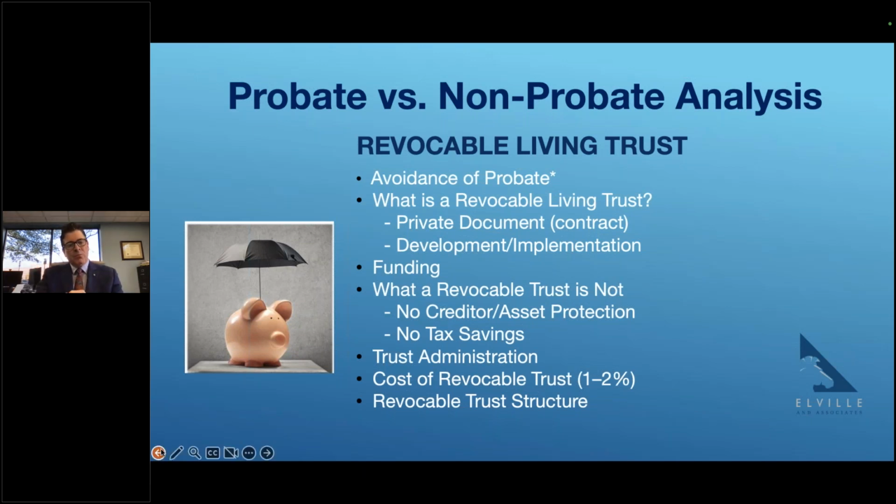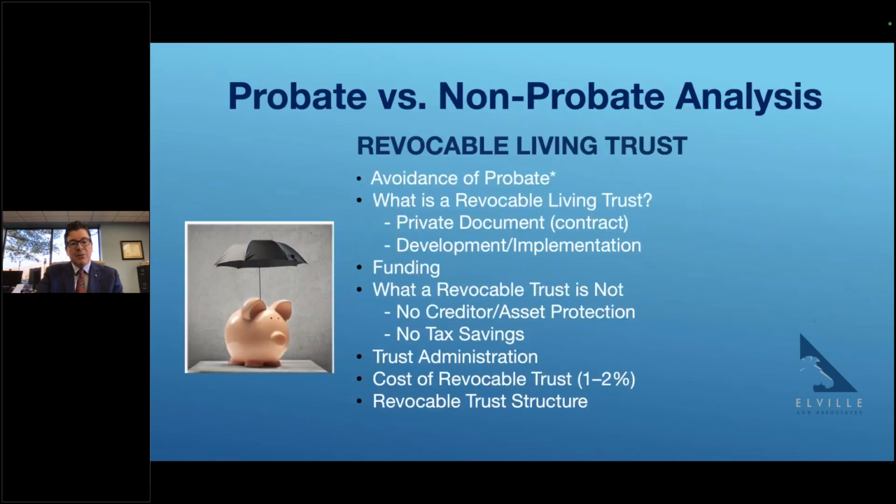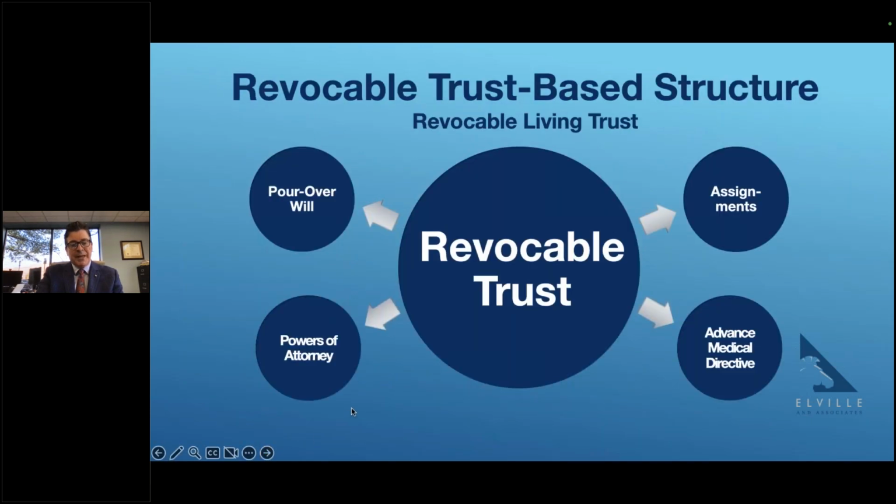And in a will plan, which I just want to go back to very quickly, we have 2 things. We're creating the will, and we're making sure beneficiary designations are flowing properly to the proper beneficiaries. But in a revocable trust plan, as you'll see here, we have 2 steps as well, but these steps are different.